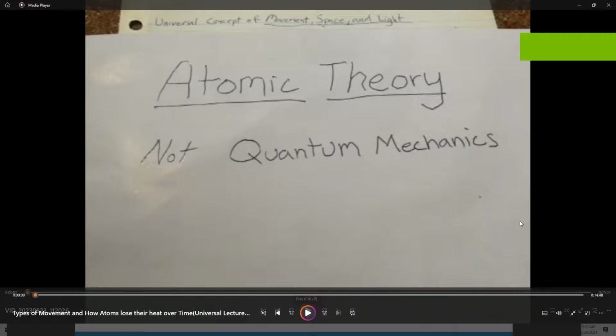Therefore, those atoms will retain heat and lose their heat the fastest compared to the large stars, because the large stars will have in their atmosphere atoms that have more spectrum lines in them. And the more spectrum lines in the atomic structure of the atom, the more heat they can retain, and the longer they can retain that heat that they lose over time.